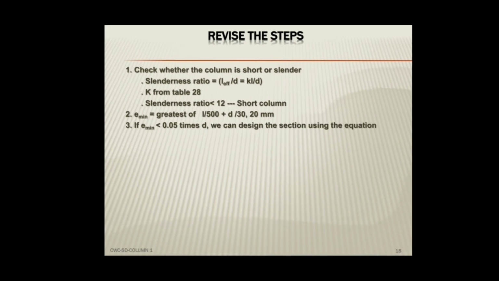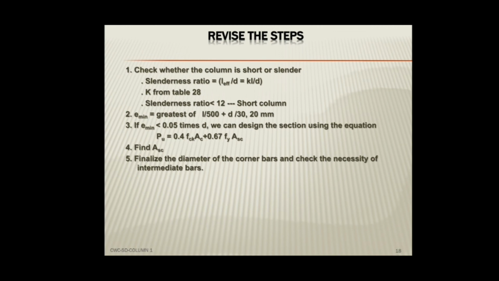Now compare the minimum eccentricity with 0.05 times the lateral dimensions in both directions, and if values of E minimum for both directions are less than the same, we can design the section using the equation Pu is equal to 0.4 fck Ac plus 0.67 fy Asc. Find Asc from the above equation.